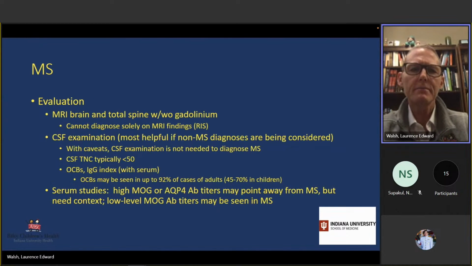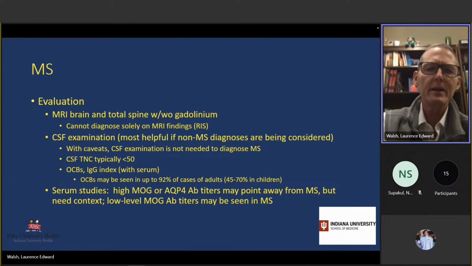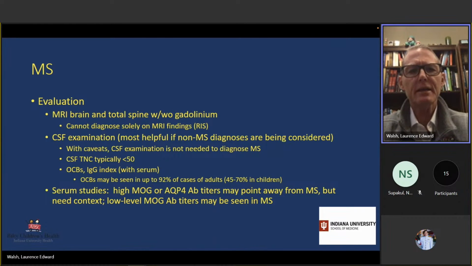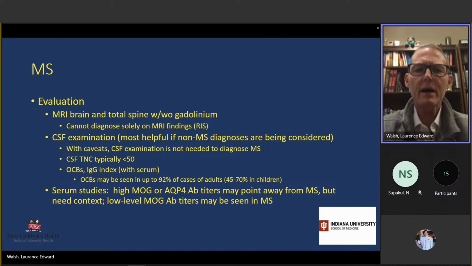Workup: you cannot diagnose MS solely on MRI findings. Then you have radiologically isolated syndrome. Although you can certainly back your way into the diagnosis from seeing that, we have to have something else. CSF examination is actually most helpful if non-MS diagnoses are being considered.